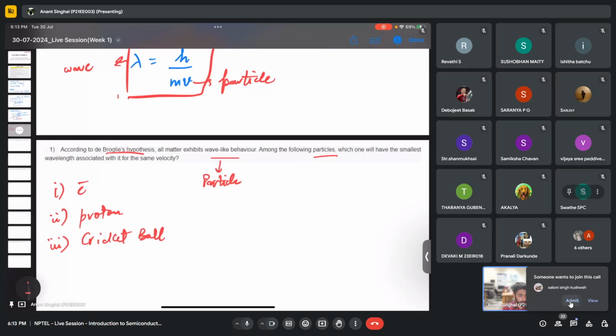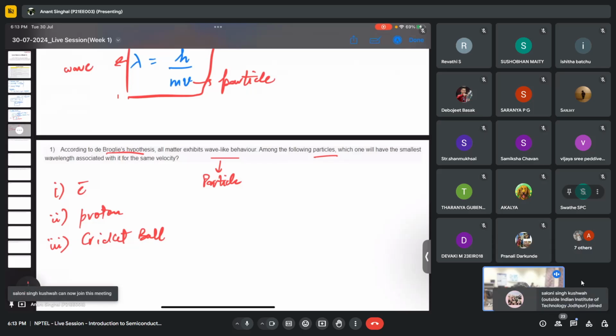I guess this is a very easy question, so you can give it a go. Take 2-3 minutes and try it out. These three are the options, and you can type your answers in the chat box, and then I'll solve the problem after 2-3 minutes.